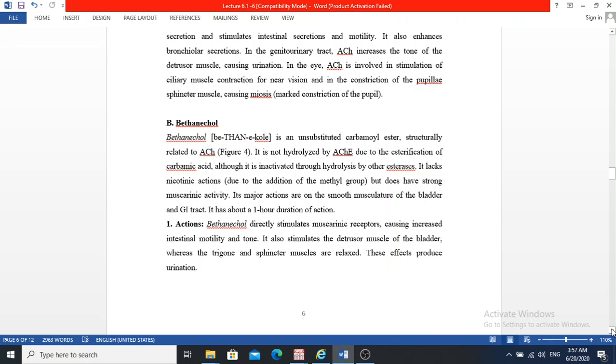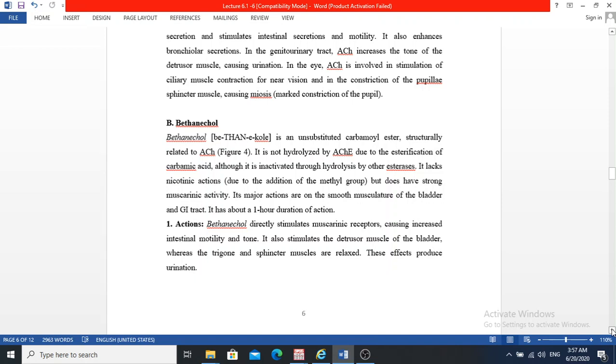It is not hydrolyzed by the acetylcholinesterase enzyme due to the esterification of carbamic acid, although it is inactivated through hydrolysis by other esterases. It lacks nicotinic activity due to the addition of the methyl group, but does have strong muscarinic activity.